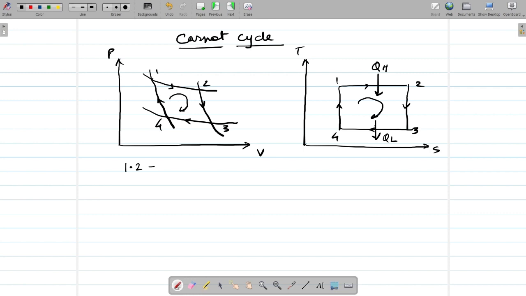If you want to run the diesel engine, we will modify this cycle for the diesel engine, which will be called a diesel cycle. If you modify it for the steam power plant, we will call it the Rankine cycle.